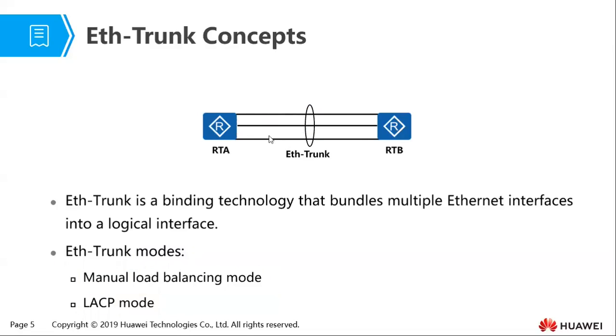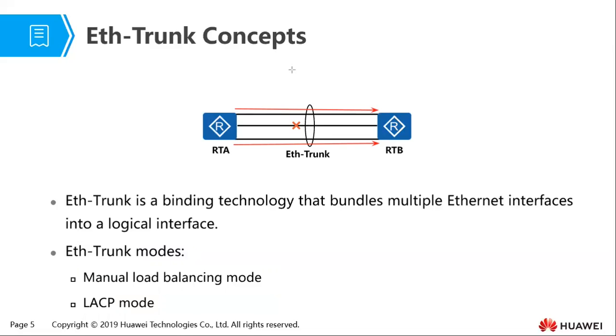Reliability means if we had a single link between RTA and RTB, if that link goes down, then you've isolated them. RTB and RTA cannot communicate. But with this kind of design, when you create an Ethernet trunk, when one link goes down, the other physical links will continue forwarding data. And therefore, you're not going to isolate people, for example, who are connected to RTB or RTA. So it's also very important in improving your network reliability.